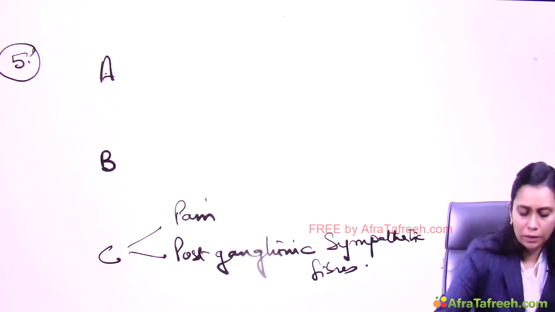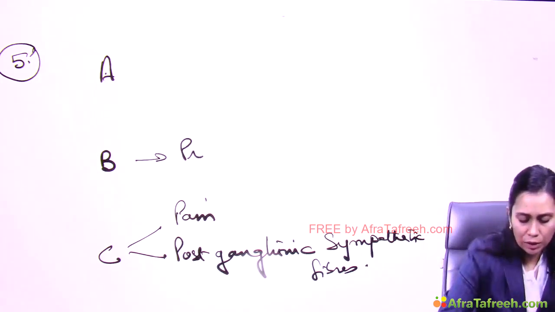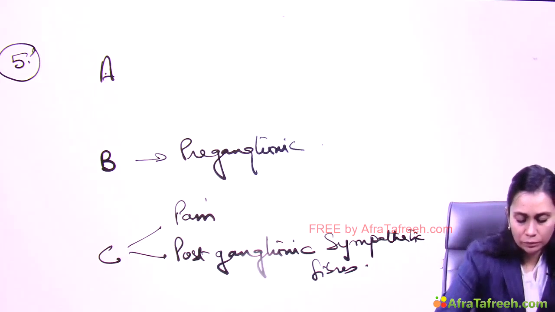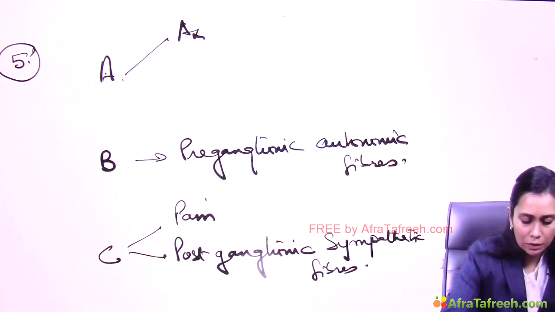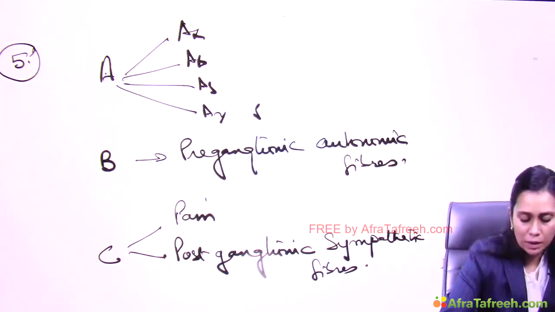What does B carry? Pre-ganglionic autonomic fibers, right? What does A carry? A alpha, beta, gamma, delta. Guys, sensory to motor fibers.